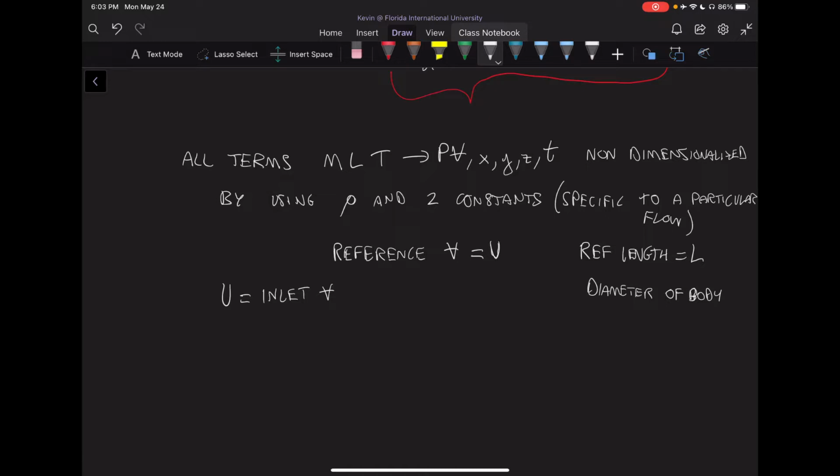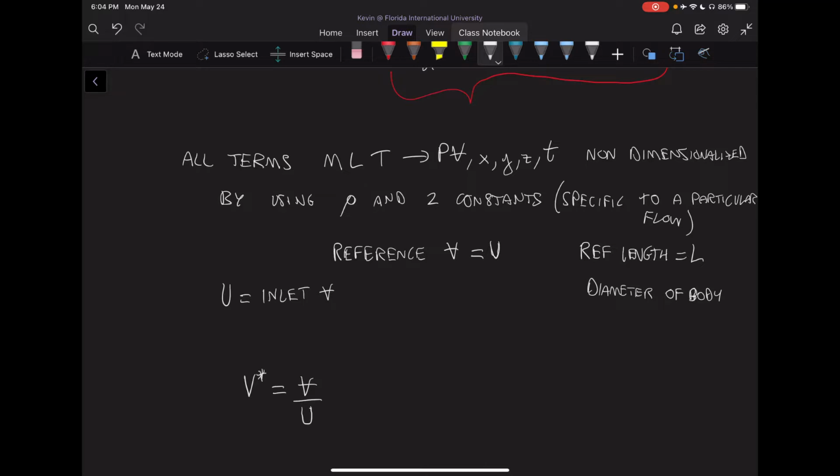We can say that a new non-dimensional variable is going to be called v star. So v star is equal to the velocity at that point in the flow over U. And we can clearly see that that's non-dimensional.